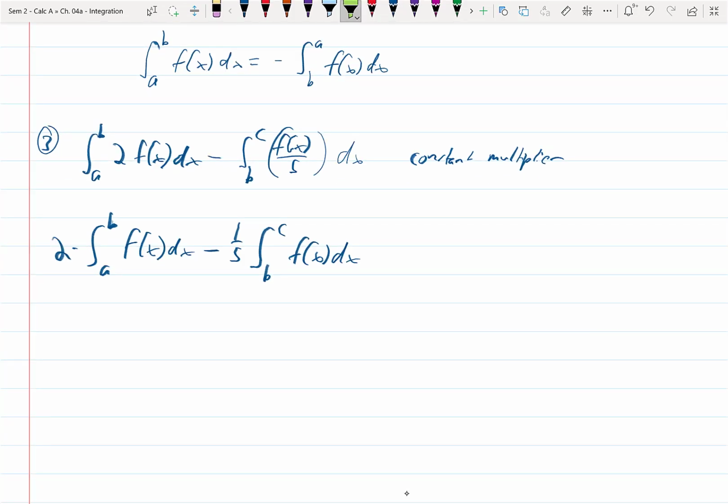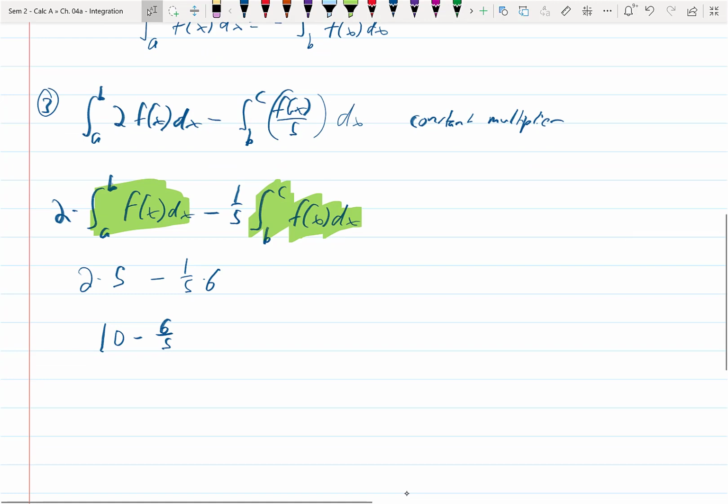That means that if I just do some substitutions, I know that this was equal to 5 and this was equal to 6. So this becomes 2 times 5 minus 1/5 times 6, or 10 minus 6/5, or 44 over 5.